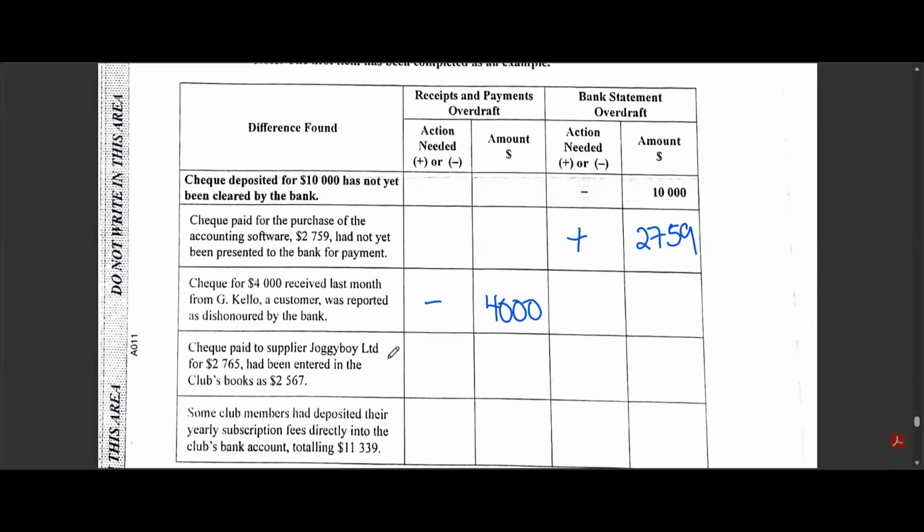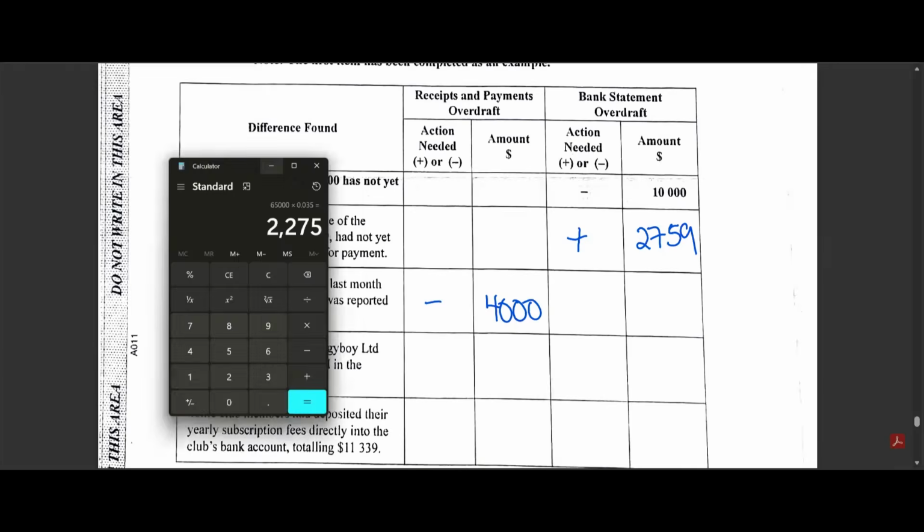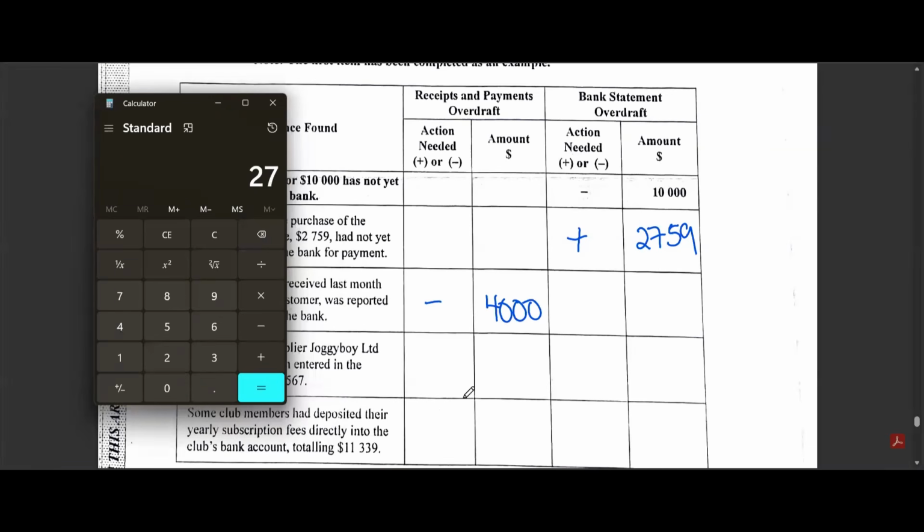A check paid to supplier Joggy Boy for 2,765 had been entered in the books as 2,567. So we actually understated the amount that we would have paid to Joggy Boy. It's supposed to be 2,765, we recorded 2,567. The difference in those two values would be 2,765 subtract 2,567, which is 198.